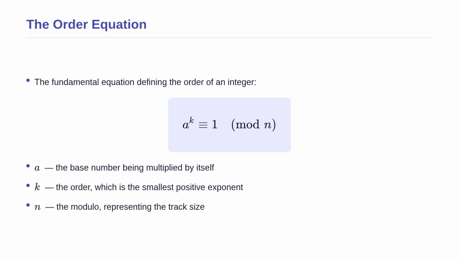The symbol with 3 lines means is congruent to, which is a formal way of saying leaves the same remainder as. Finally, mod n tells us the size of our circular track, meaning we divide by n and only keep the remainder. As k increases, the powers of a cycle through different remainders. But the order is specifically the very first, smallest positive value of k that makes this equation true.